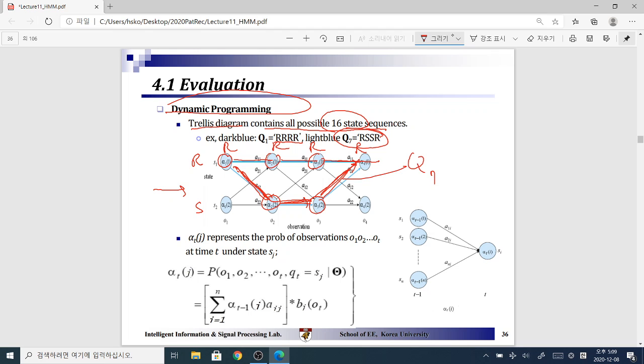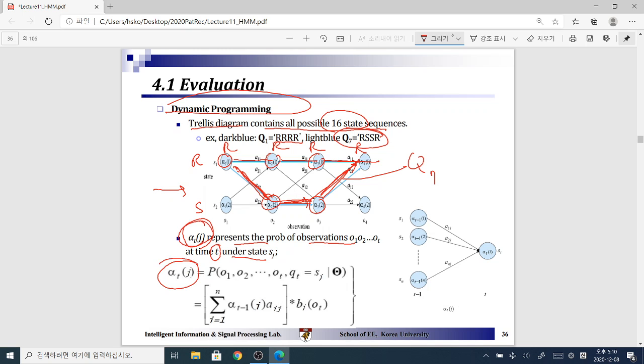Now, what we want to do is to represent the dynamic program's alpha representation, where alpha sub t of j represents the probability of the observation sequence from O1 to OT at time t under state S of j.